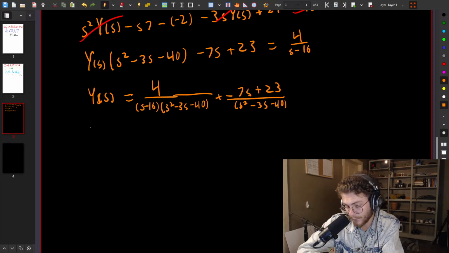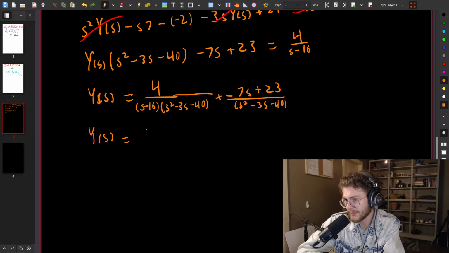Simplifying this out, Y of s equals... I want this all as one fraction. If I can make it one fraction, I'm going to do it. Now, minus 3s and minus 40.